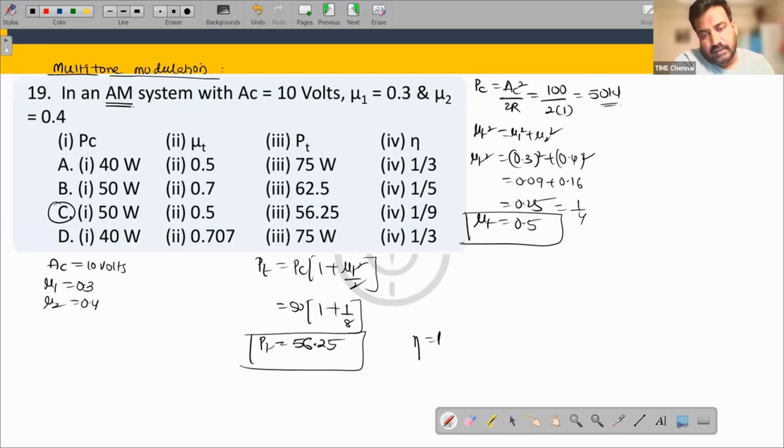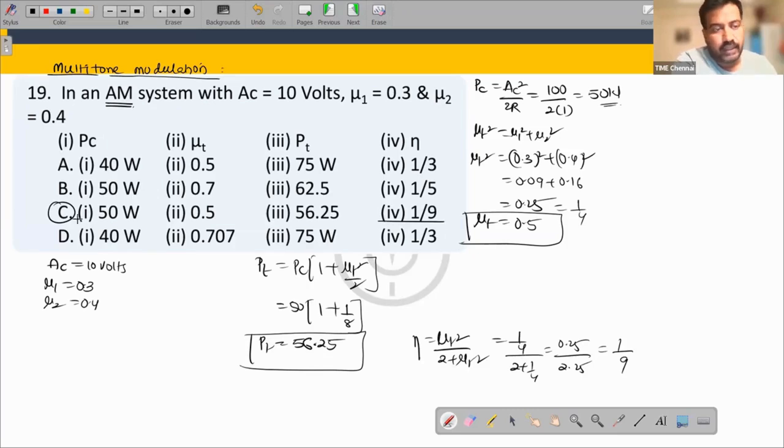Eta is mu t square by 2 plus mu t square, 1 by 4 by 2 plus 1 by 4, 0.25 by 2.25, 1 by 9. Option C is the answer.